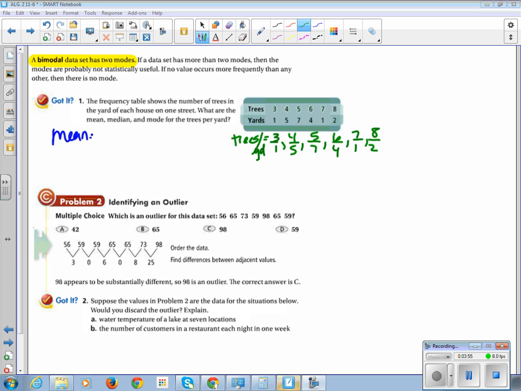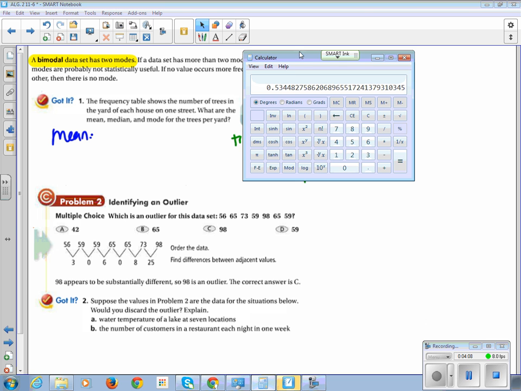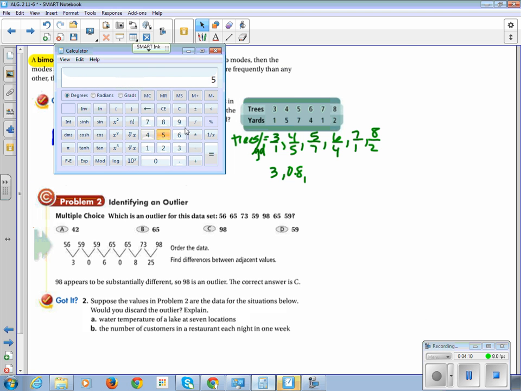So my data would be 3 and 0.8, and I don't know what 5/7 is, so let's get that. 0.71. 3 halves, which is 1.5, 7, and 4.